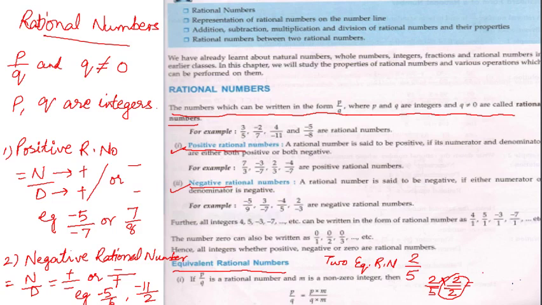So the first equivalent rational number will be 4 by 10. Same way, if you multiply it with 3 up and 3 down, the next rational number will be 2 threes are 6 and 5 threes are 15. Clear? Equivalent simply means to multiply with the same number in the numerator and denominator.